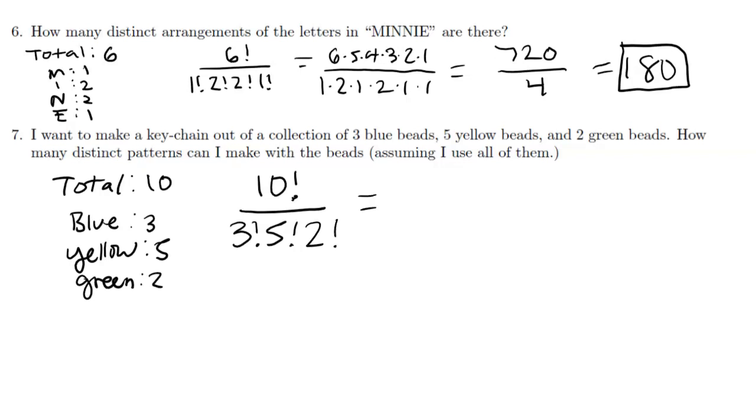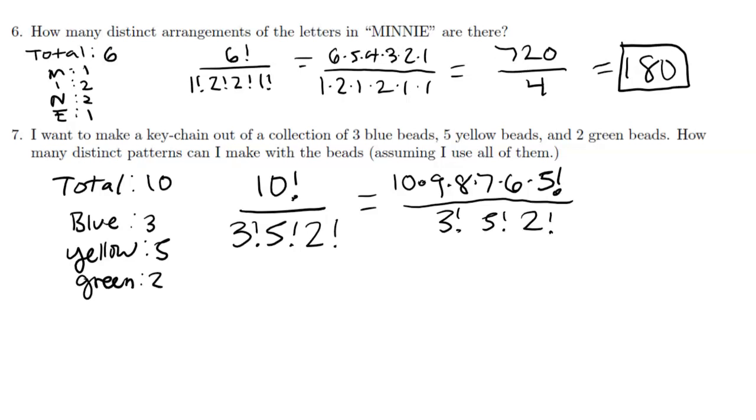Now we can, with this, do our simplification still. So we could still simplify by canceling out the largest factorial on the bottom. So when I start to write out 10 factorial, I could do 10 times 9 times 8 times 7 times 6 times, notice once I hit a 5, I could just put 5 factorial, because I also have a 5 factorial in the denominator.